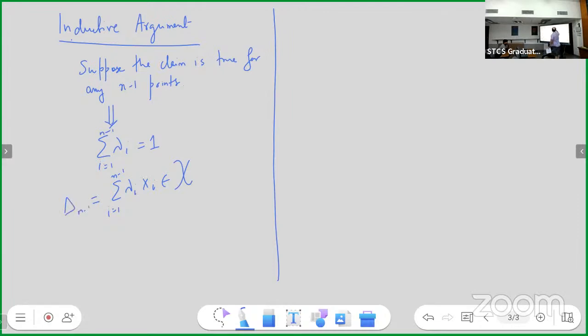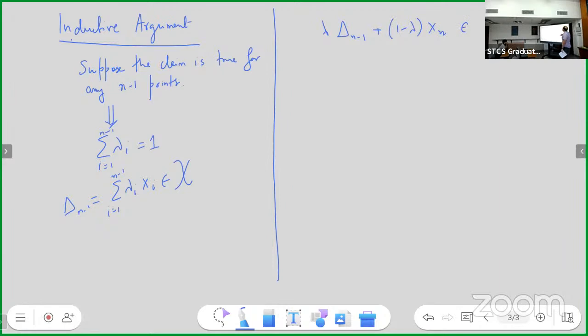So lambda times delta n minus 1 plus 1 minus lambda times xn. Yep, so that is right inside it.